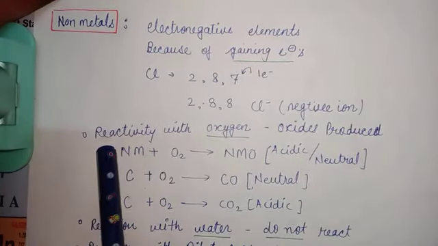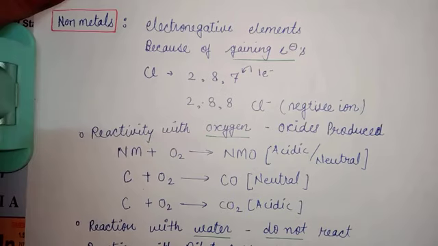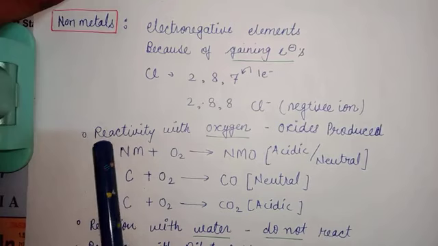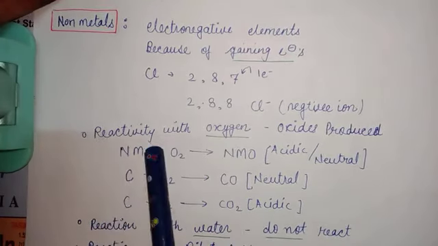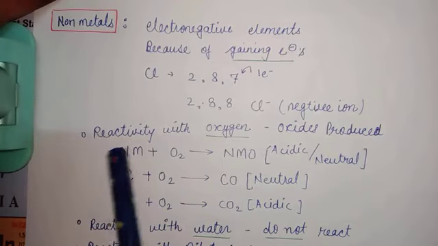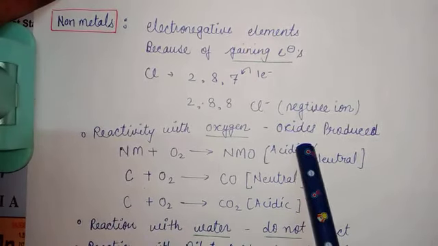Okay, let us move to the properties of non-metals, their behavior in different chemical reactions. Firstly, we will talk about reactivity with oxygen. As I told you earlier, with oxygen, non-metals produce oxides only.